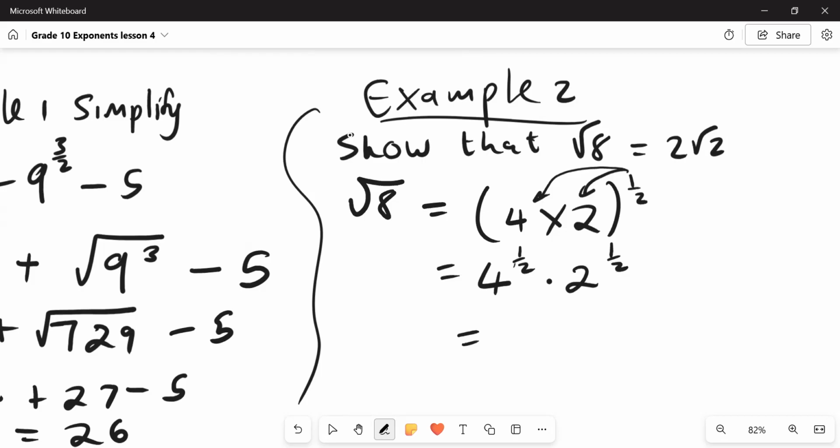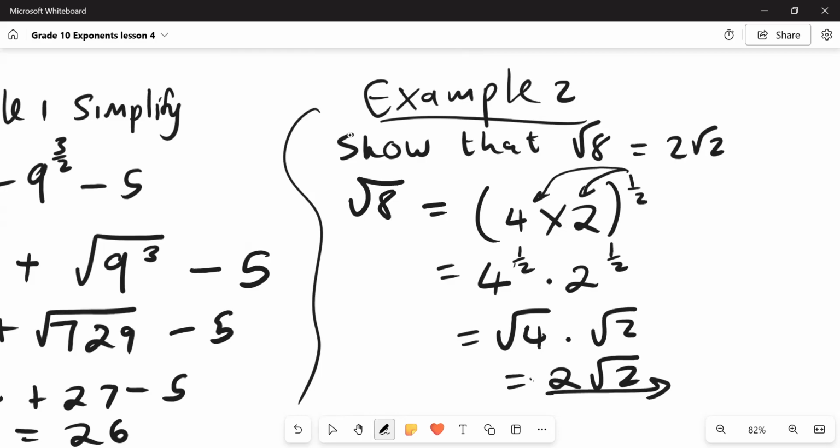And then this is root 4 and root 2, which gives us 2 root 2. This is expressed as 2 root 2. Now it's proven. I hope you all understand.